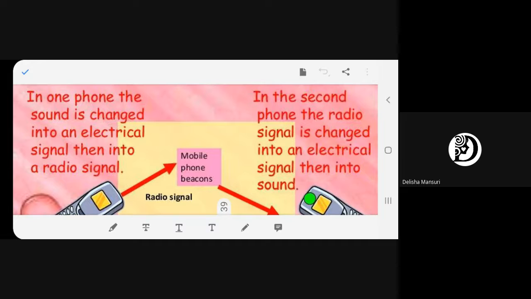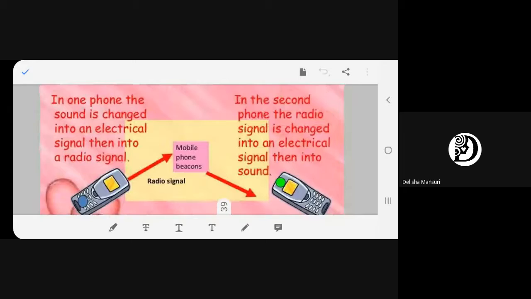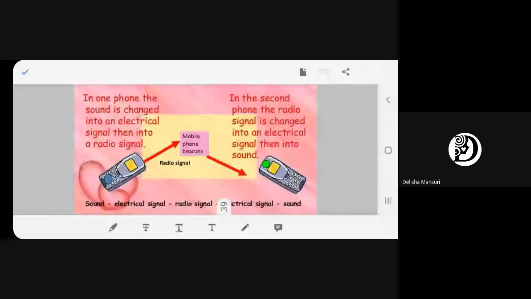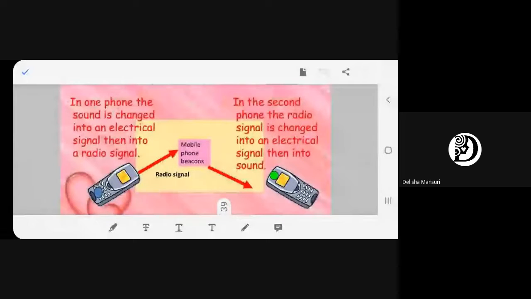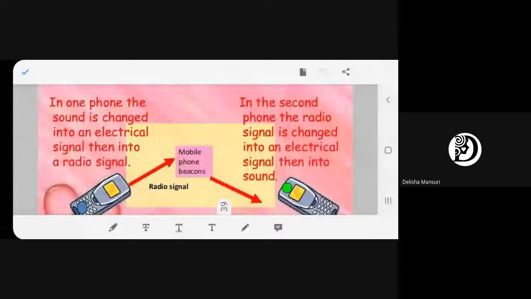You understood this much? What is happening? In one phone, the sound is changed into an electrical signal and then a radio signal. And then this radio signal is changed to an electrical signal and then sound. This is how mobile phones work.